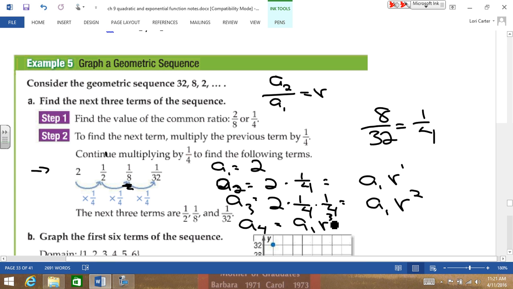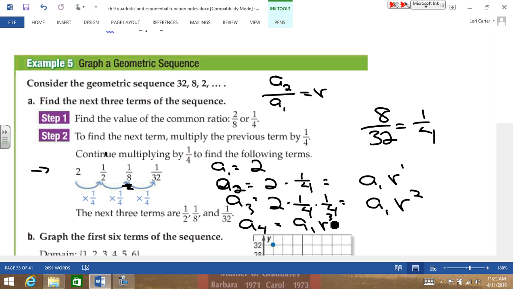Why is it 1 less? Did you take the subscript and the exponent and add them?